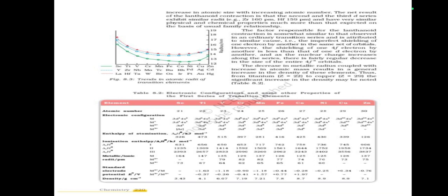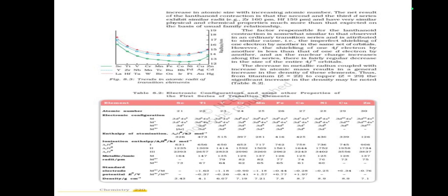The factor responsible for the lanthanide contraction is somewhat similar to that observed in an ordinary transition series, and is attributed to a similar cause, that is the imperfect shielding of one electron by another in the same set of orbitals.